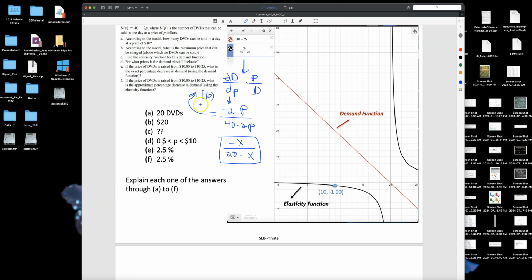They say the following. Look here: for what prices is the demand elastic or inelastic? This is the reason I made reference at the very beginning of this section to physics. This is a concept that comes from physics.